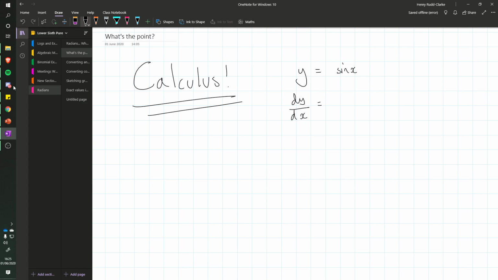You get cos x. It's just a fact. We can prove it a number of ways, which I won't do now, but that's something you're going to learn later. So if you differentiate sine x, you get cos x. And this relationship only works in radians.